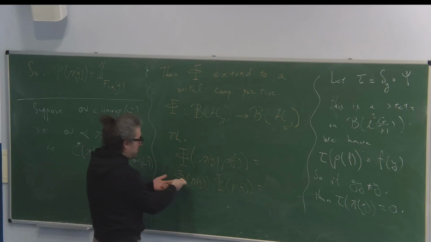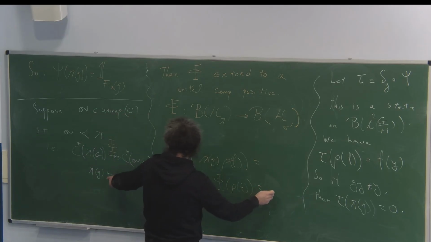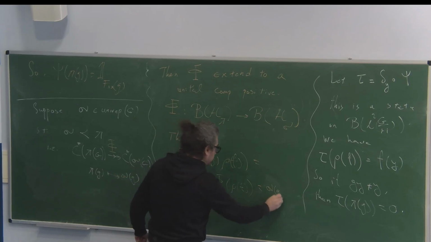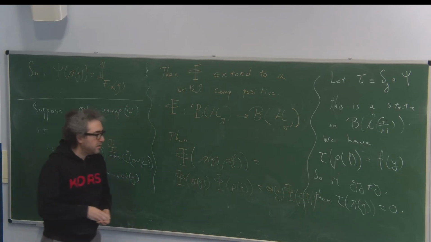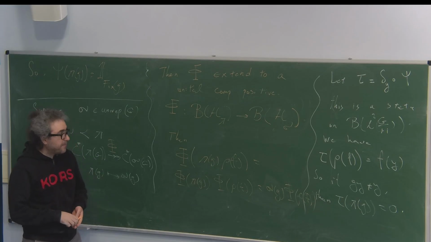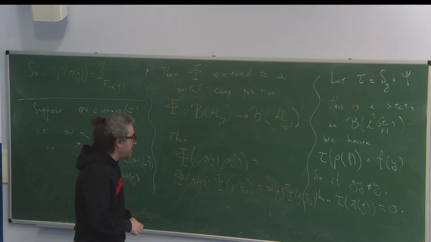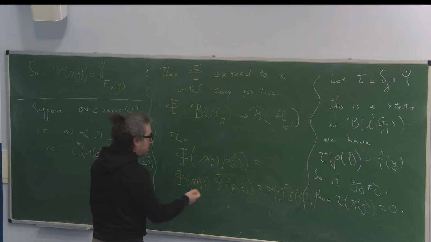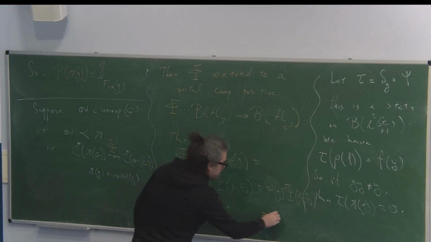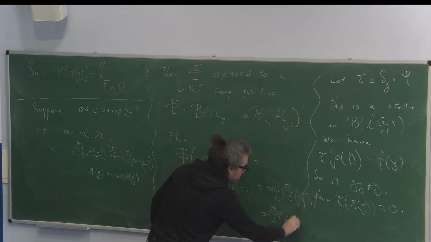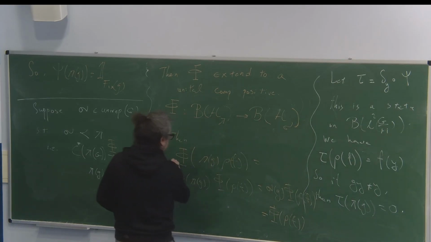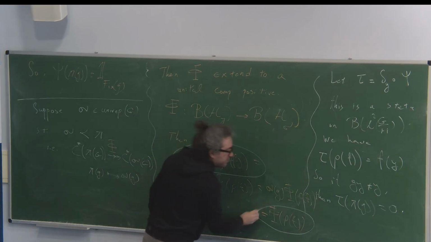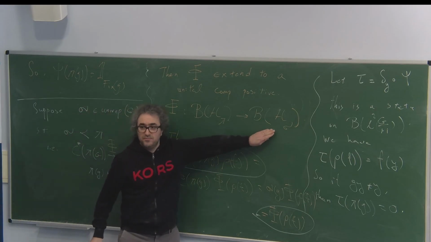And that's going to be, now this is just extending this map, sigma of g phi of rho of f. Good. And this must be the same as phi of rho of f. I'm just applying phi, this capital phi, to this equality.